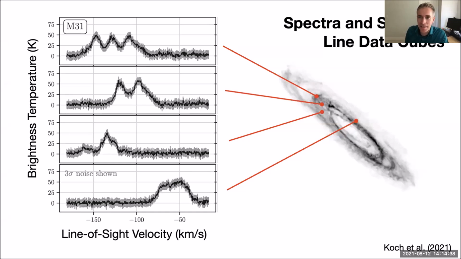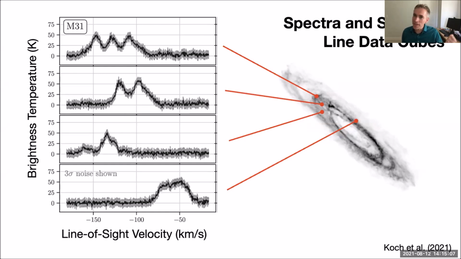Here's an example of some of these images. This is a map of M31 in 21 centimeter emission, and every pixel in this map is a spectrum. So we've taken a spectrum that you see here, and I put out 4 representative spectra along these different lines of sight. And you'll see that there's a little less complexity in these spectra compared to what we're seeing in the Milky Way.